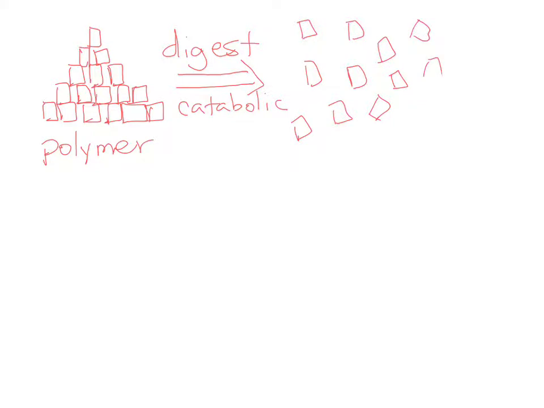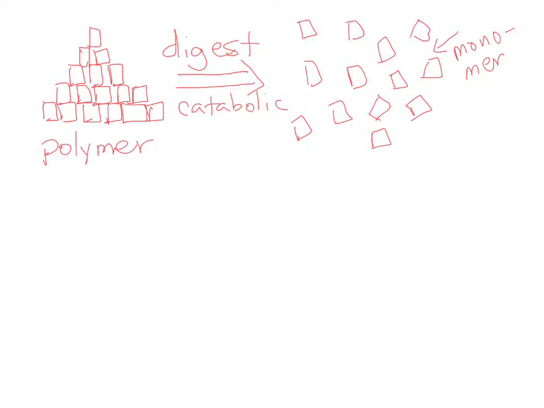And if you remember from our examples, I can't even draw squares right, guys. Bear with me. Each one of those little pieces is called a monomer. Okay, so make sure that you've drawn this.